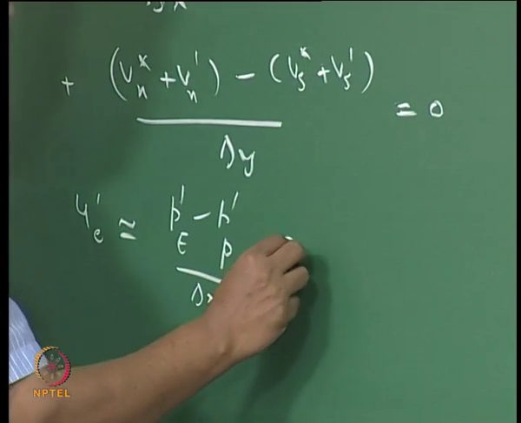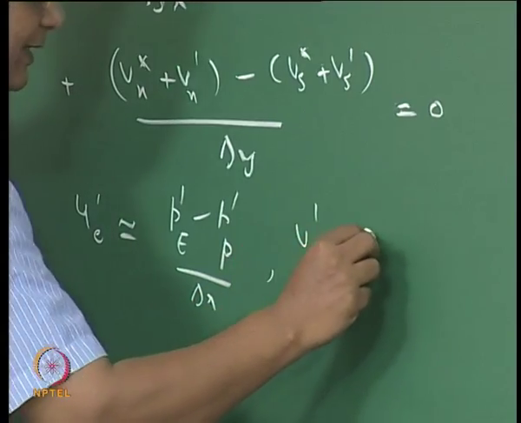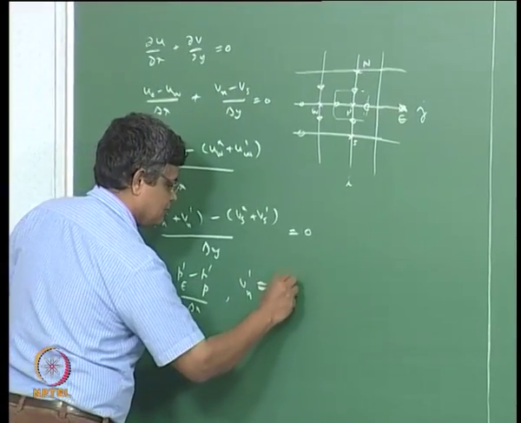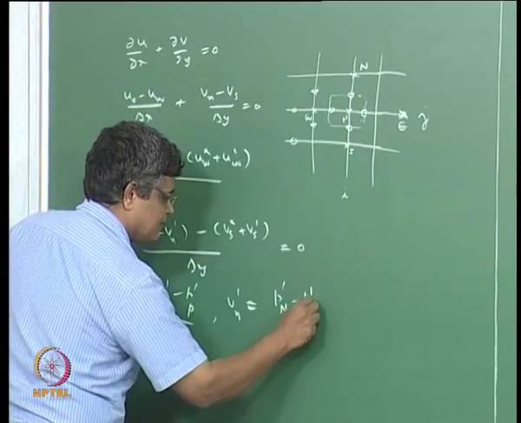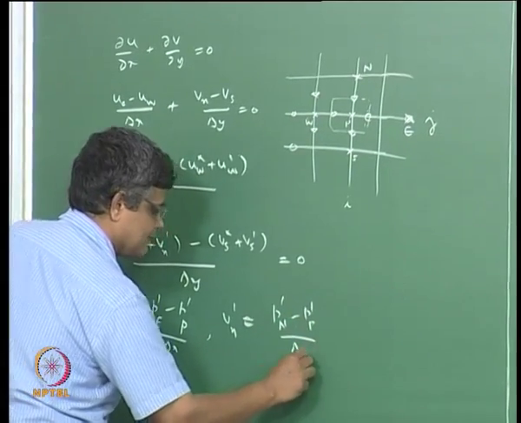And similarly, Vn prime is approximately equal to P prime north minus P prime P divided by delta y, and so on.